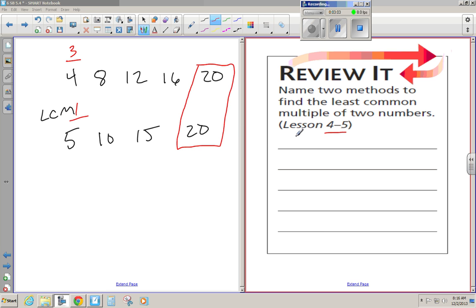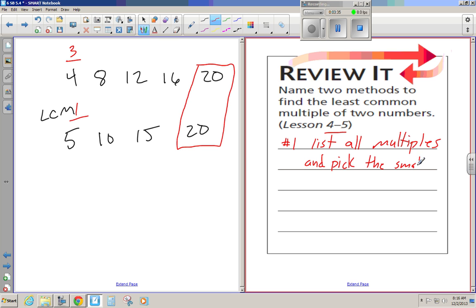Method 1 is to list all the multiples and then pick the smallest one in common.